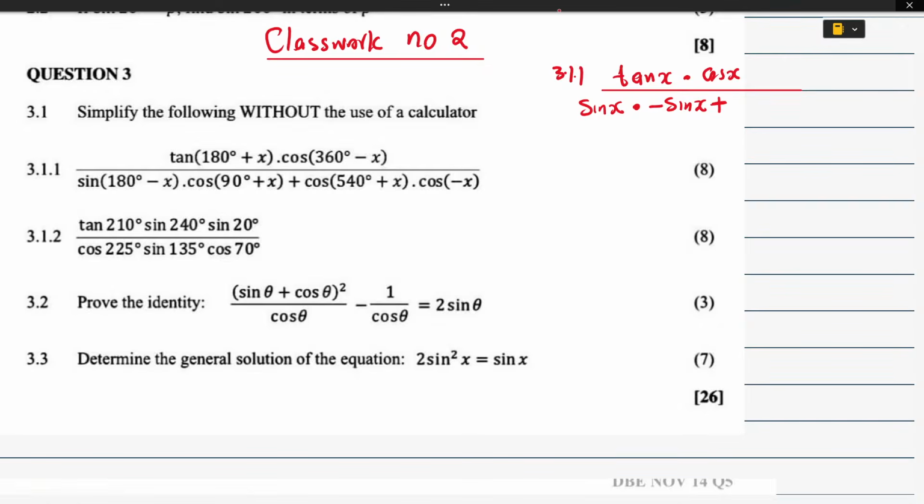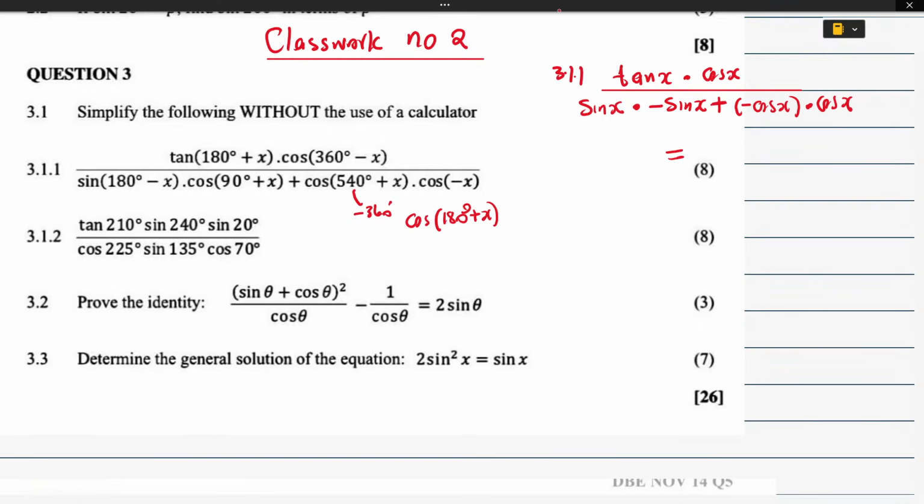That 540 is a bigger number. Subtract 360 here. Then it becomes cos (180 degrees plus x), which is the third quadrant, so it will be minus cos x, multiplied by cos x. That is what you are supposed to do on this question.